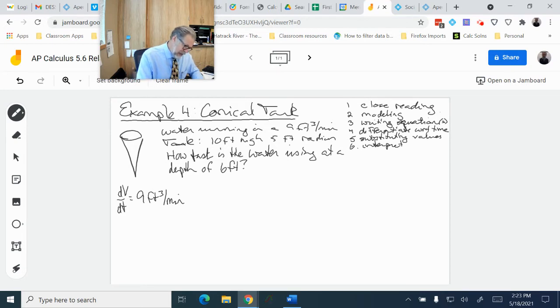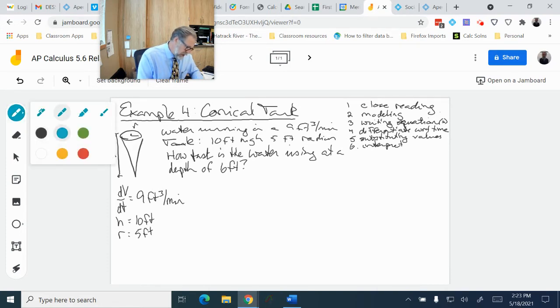We know that if we label this with an H and an R, that H is equal to 10 feet, that R is equal to 5 feet.